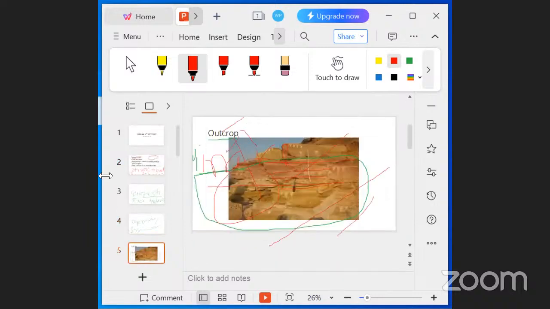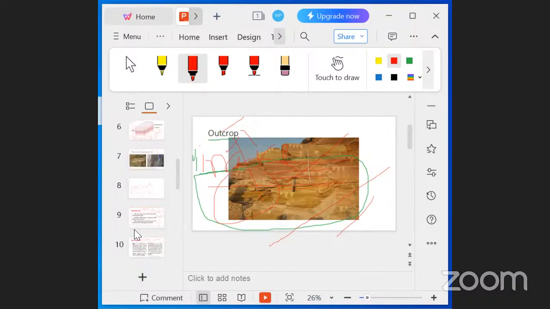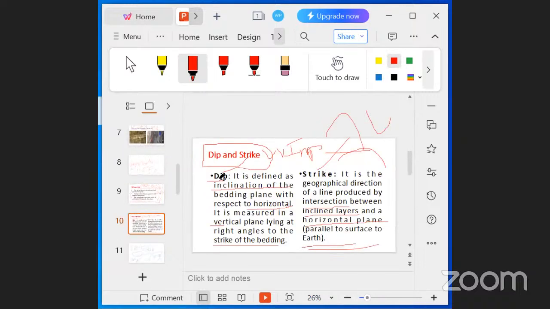Okay. And also outcrops, and dip and strike. This is the main important topic, right? In your examination, they are asking what is dip and strike. So you can write this.